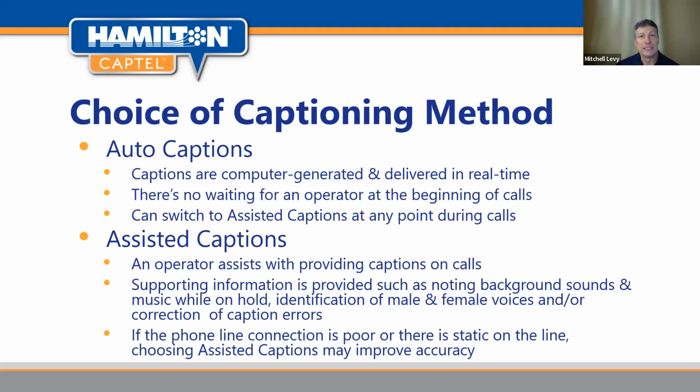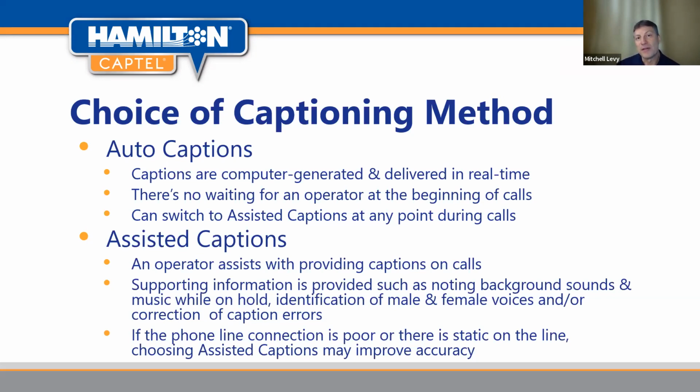The other option is a dictation caption, which does have an operator providing the caption. The benefit of that is it provides some additional support information, such as background sound, telling you what's happening in the background, whether it's somebody talking, a baby crying, or something like that.